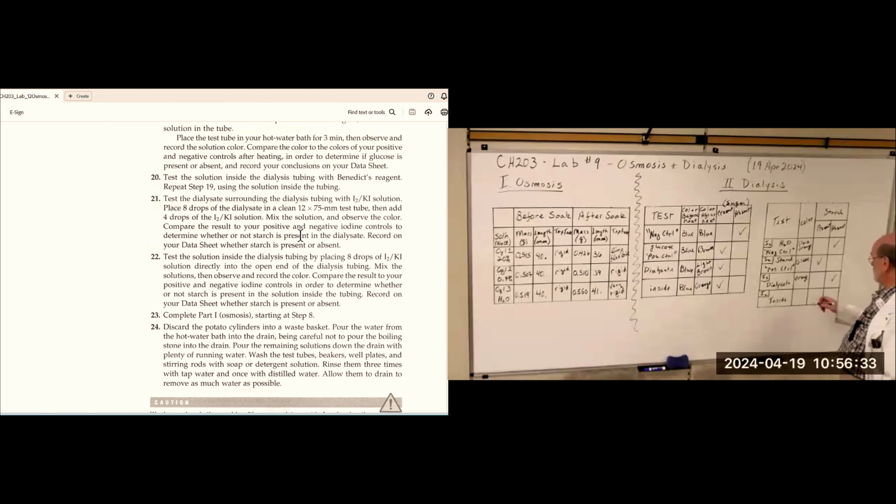We're saying inside is still dark orange, which means there's no starch. So, explanation: possible dilution below the detectable limit. That's what I would say.